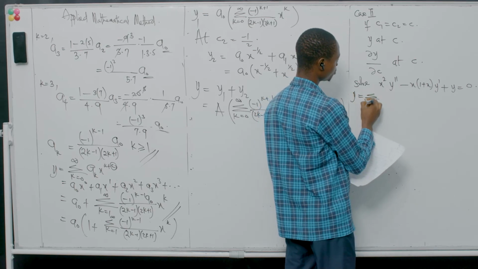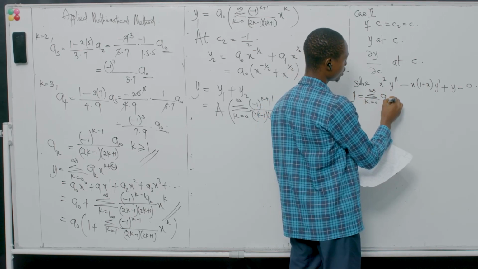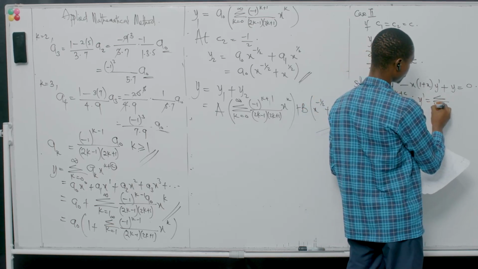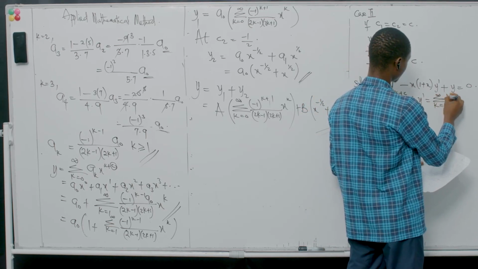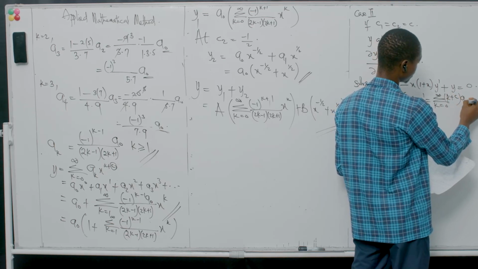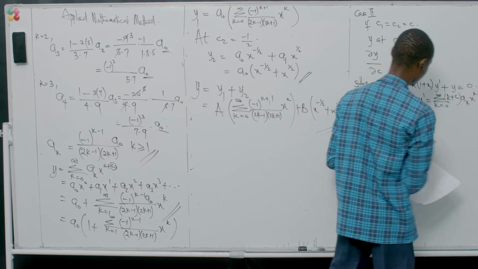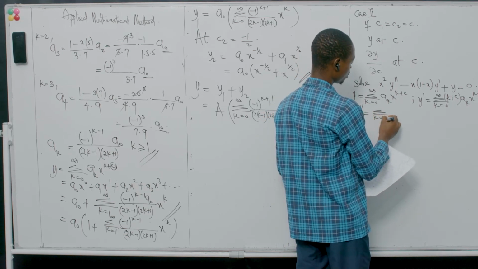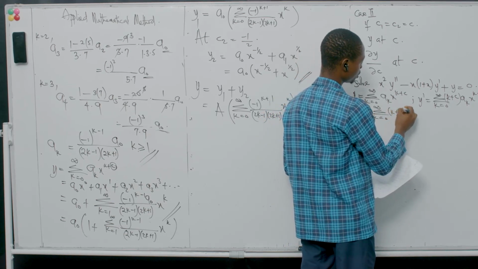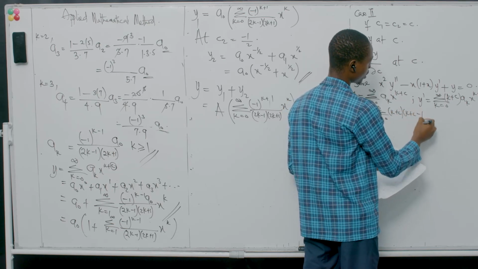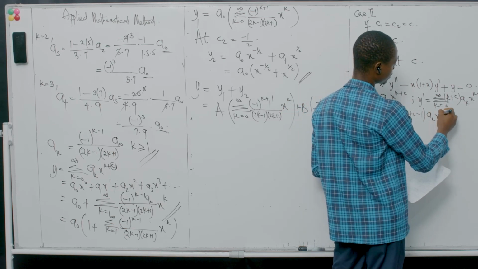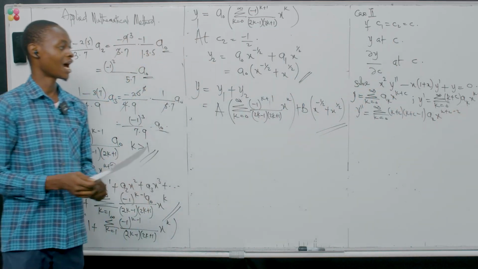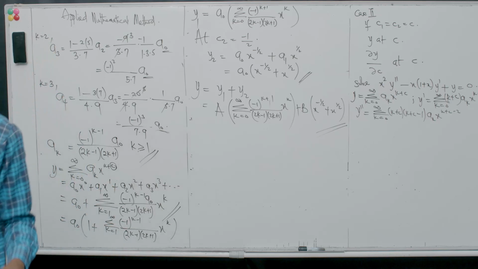If y is equal to summation k starting from 0 to infinity, ak x raised to k plus c, y prime is equal to summation k starting from 0 to infinity, k plus c, ak x raised to k plus c minus 1. And then you have y prime prime, which is equal to summation k starting from 0 to infinity, k plus c, k plus c minus 1, ak x raised to k plus c minus 2. So we'll take all of these three and then substitute into the equation, as always.